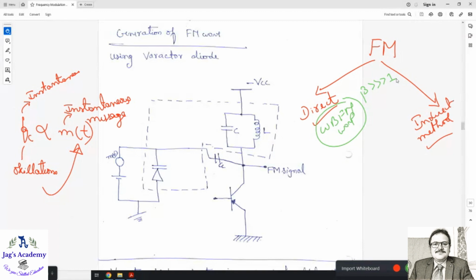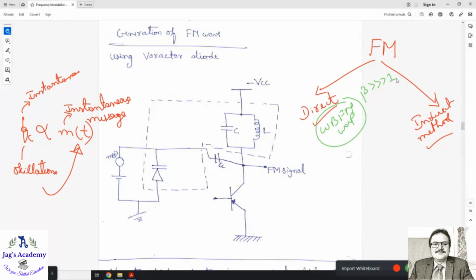In the direct method, you directly convert your message signal into wideband frequency modulation only. That's why it's called direct. Then what is indirect? In the indirect method, you use your existing AM hardware and then use frequency multipliers to get wideband frequency modulation.